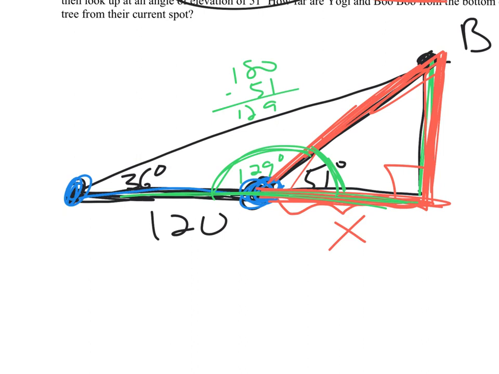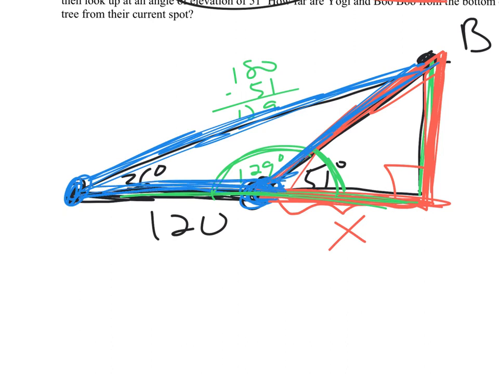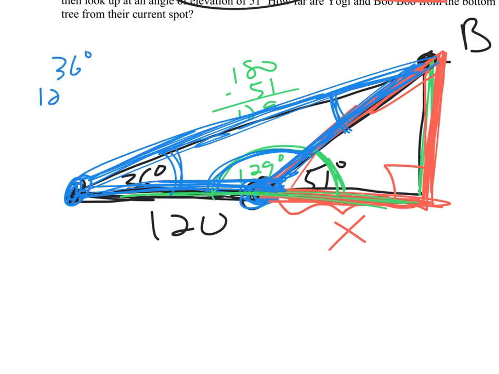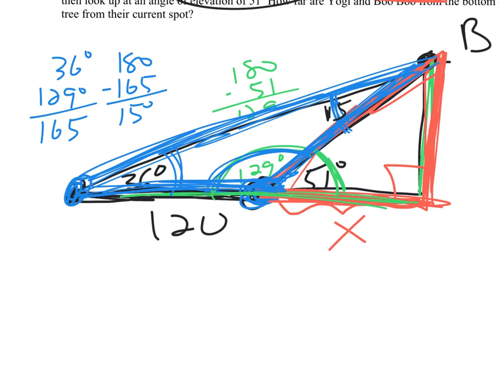In this triangle that's adjacent to the red one, you then know two of the angles. You know this angle is 36, this angle is 129. I can find this top angle by going 36 plus 129 and subtracting that from 180. So that's going to be 165 taken away from 180, or 15. So I know this angle is 15 degrees.